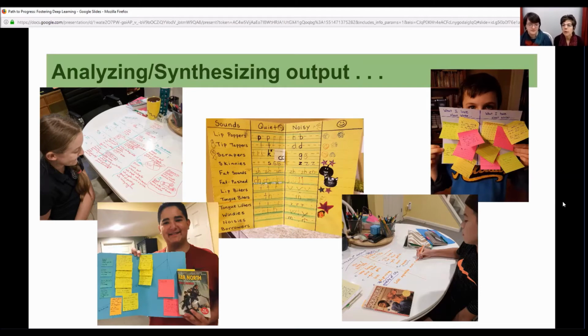The one on the far right, with the different colored Post-its, I was writing sometimes, he was writing sometimes. We were trying to expand each other's ideas so we wouldn't be stuck on just a few things. And this child actually is a reluctant writer, not just reluctant, but he has dysgraphia. So to get him to write and fill out a whole paper is hard, but to get him to write on Post-its works. And those are the kinds of ideas that we talk about in our writing classes.